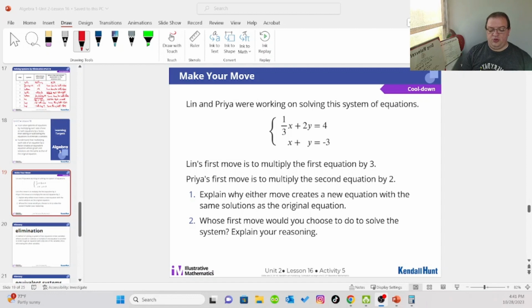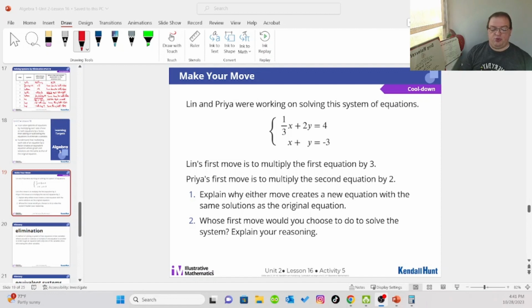Whose first move would you choose to do to solve the system? Explain your reasoning. So either one of these would work. If I use Lynn and multiply the first equation by 3, I get rid of that fraction, and then I could subtract the bottom from the top.